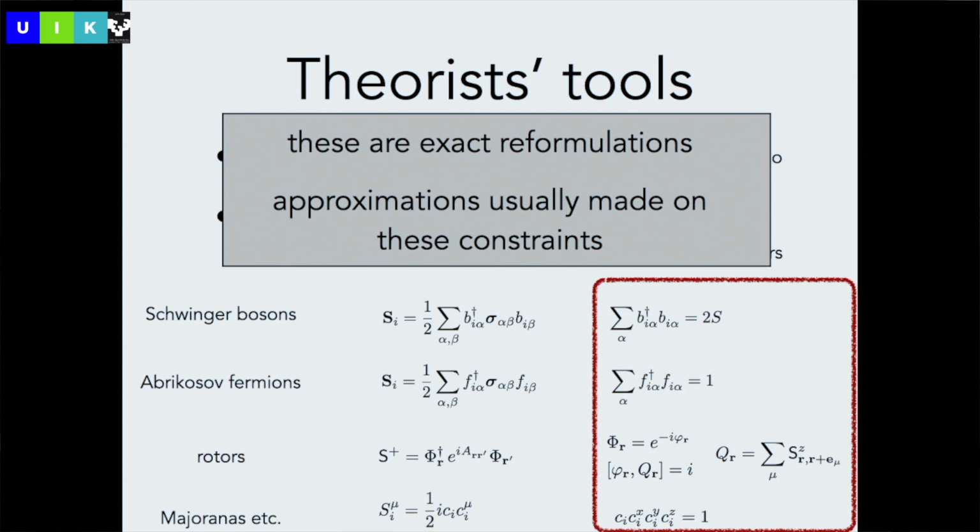First of all, one has to postulate what the right decomposition is going to be, and that depends on your physical system. Say if you want bosons or fermions, etc. But also you have to impose these constraints, and up to the point where you're treating these constraints approximately, then this is a perfectly exact description.